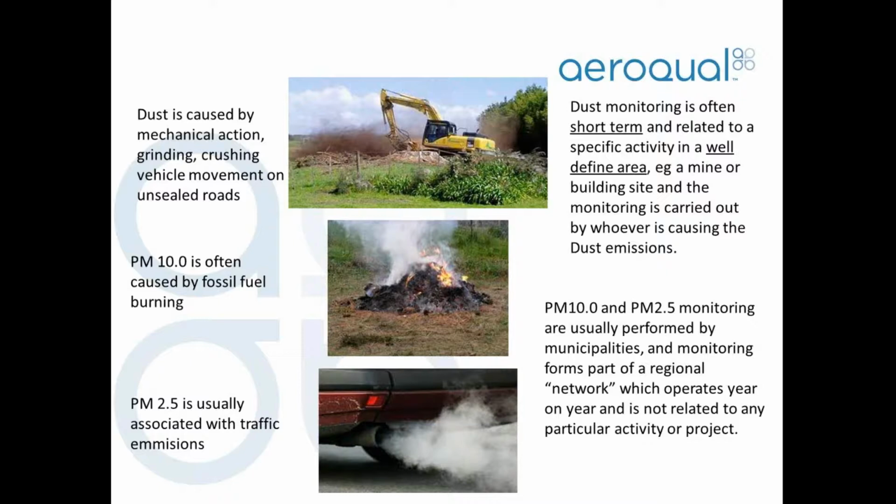PM10, on the other hand, is often caused by burning of some kind of fossil fuel. And PM2.5 is also combustion related, but it tends to be associated with traffic emissions. Dust monitoring often is a short-term activity and related to a specific activity in a well-defined area, such as a mine or a building site.